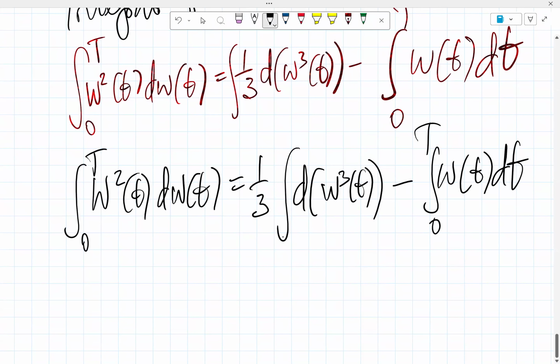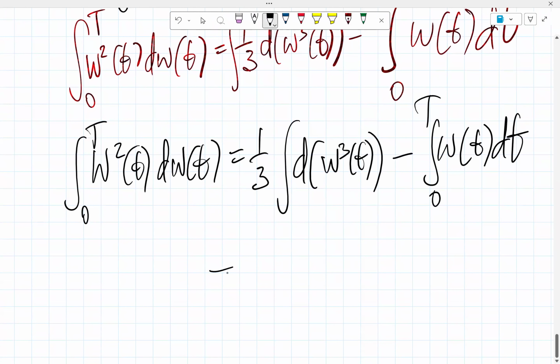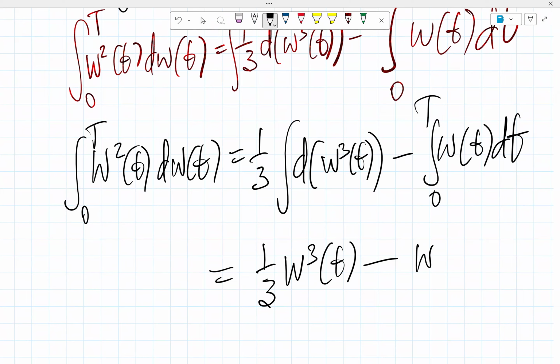Of course, we know the integral of d of anything remains that thing. So this is simply going to be 1 over 3 times w cube of t. The integral just cancels the d. That's the idea there. And we know this one so well that when we integrate w of t dt, we simply get w of t from 0 to t.